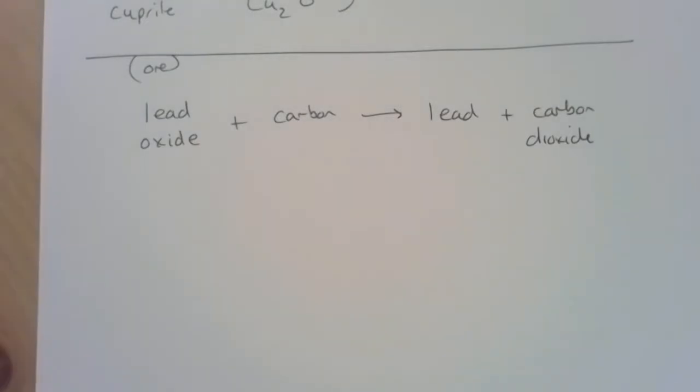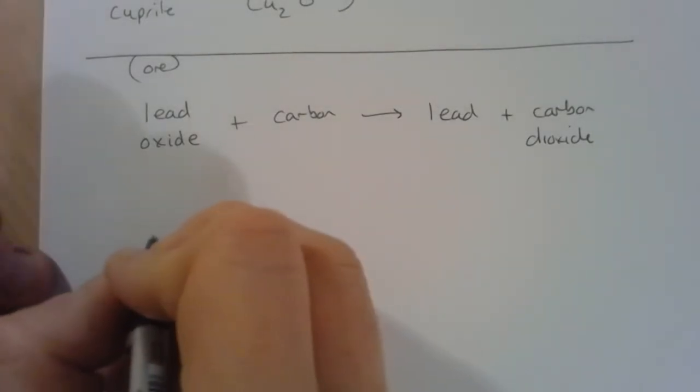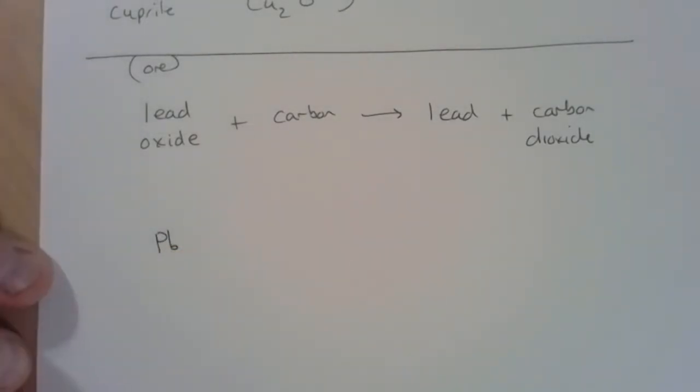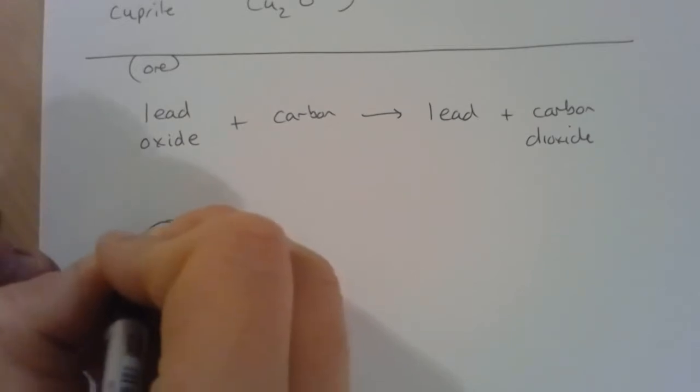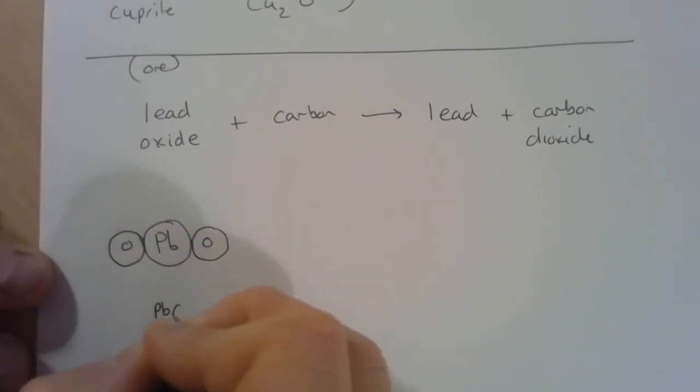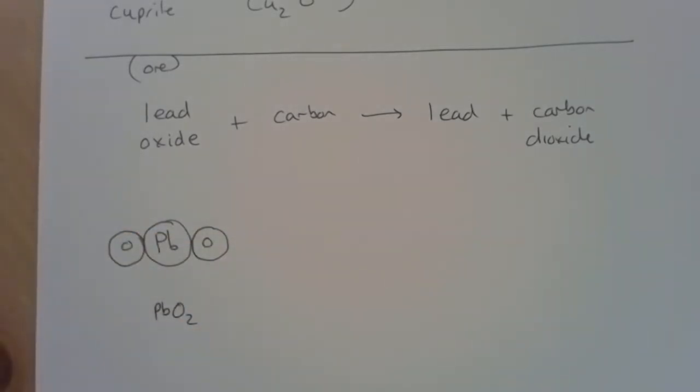It's a little bit easier if I actually look at the symbol equation for this. So the symbol for lead oxide is PbO2, which means there are two oxygen atoms connected to one lead atom, or in fact two oxide ions and one lead ion.